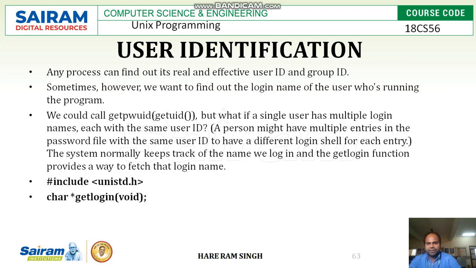So user identification: any process can find out its real and effective user ID and group ID. Any user working in the Unix operating system can find out its effective user ID and group ID, real user ID and real group ID using some command.